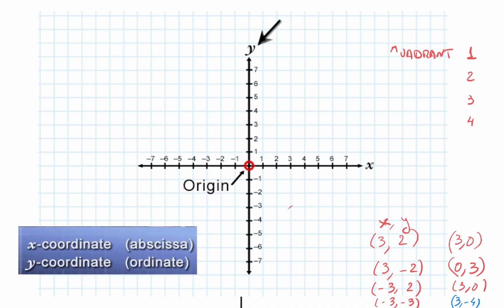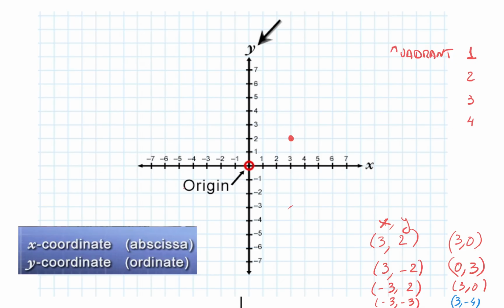So (3, 2) is the point obtained by walking 3 units in the x direction, 1, 2, and 3, and 2 units in the y direction, 1 and 2. So here is the point.